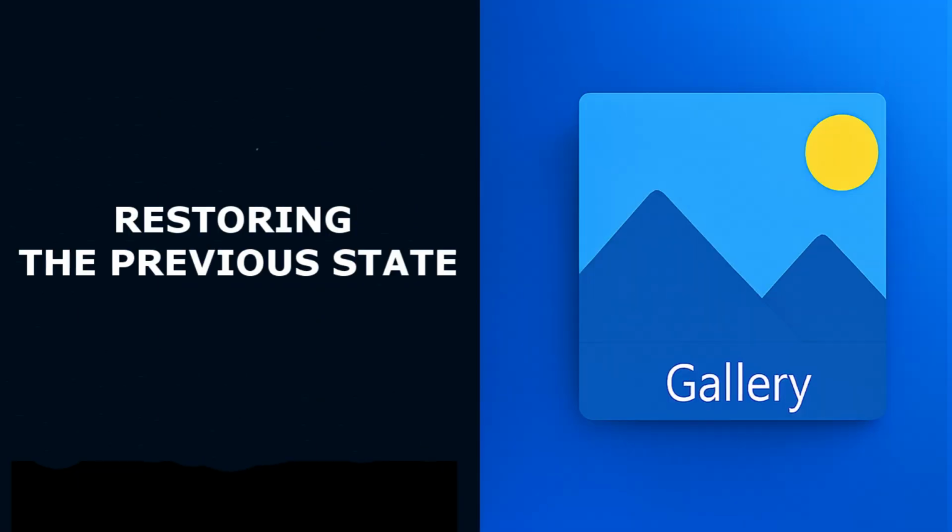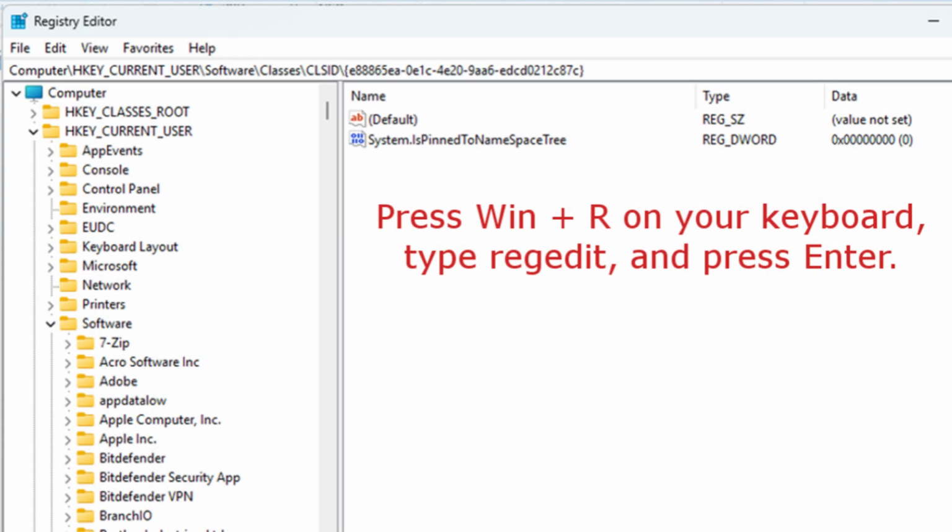Revert the modification so the gallery icon becomes available again in the left side panel of File Explorer. Open the Registry Editor again by pressing Win+R, typing regedit, and confirming with Enter.